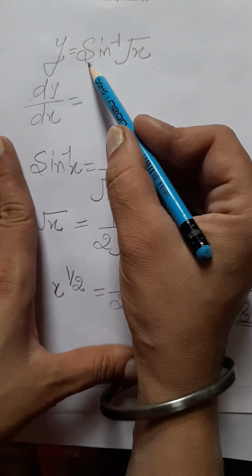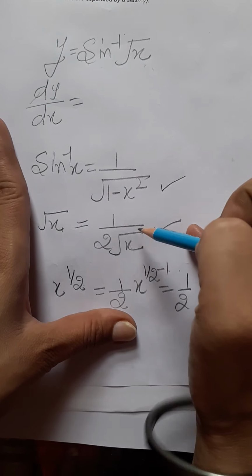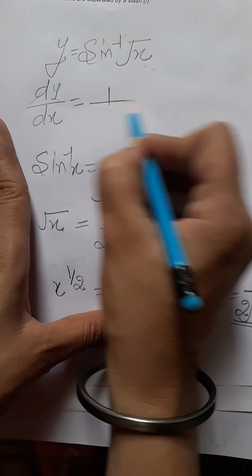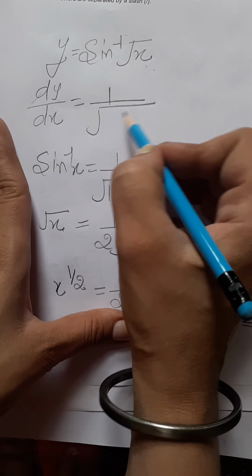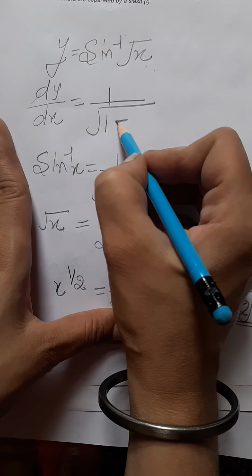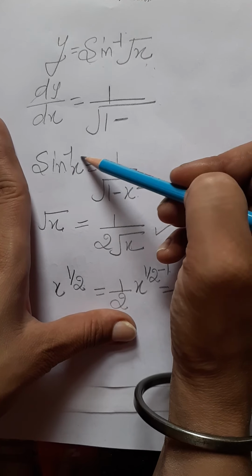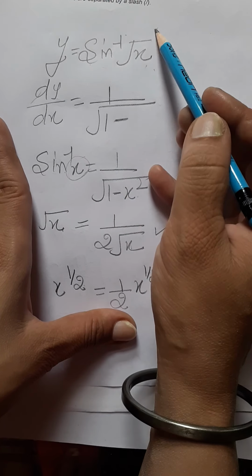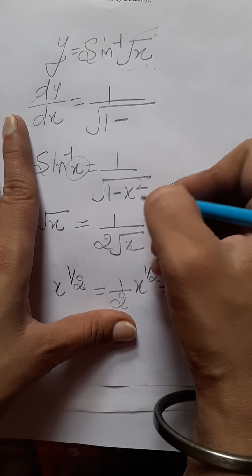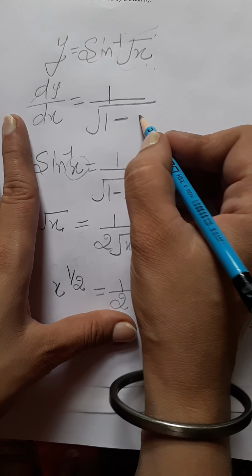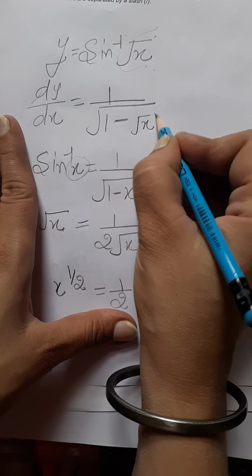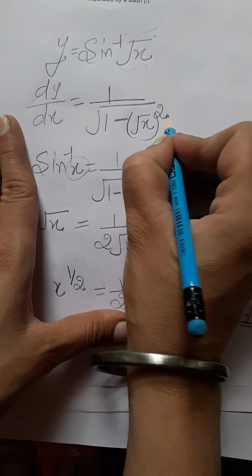Now for sin inverse root x, we apply this formula and you get the answer square root of 1 minus, in the place of x we have root x. So instead of x here, you should write root x to the whole square.